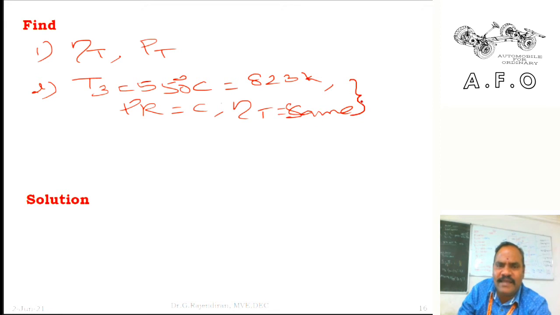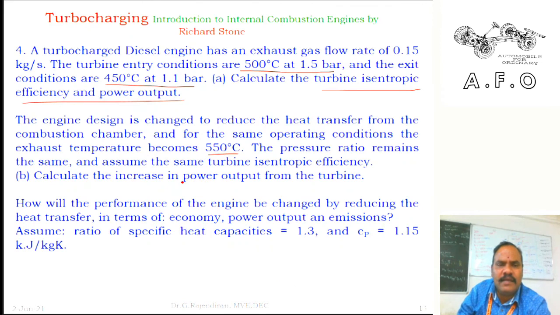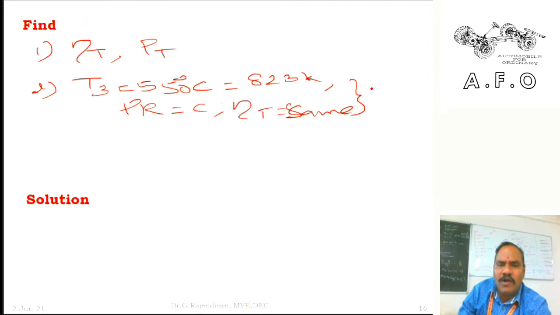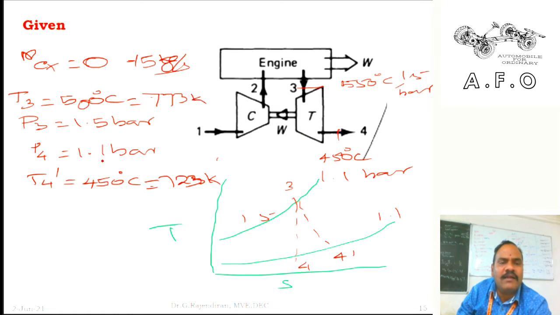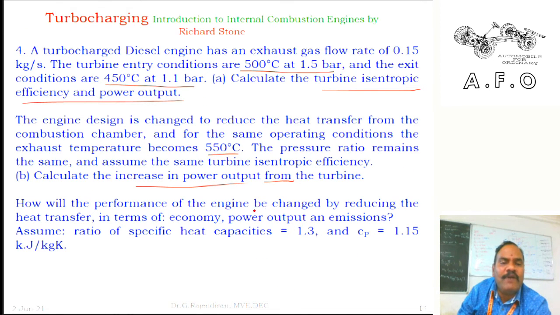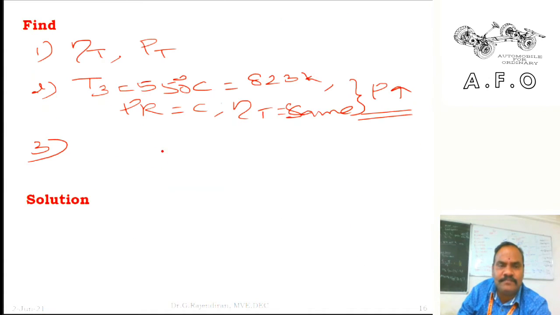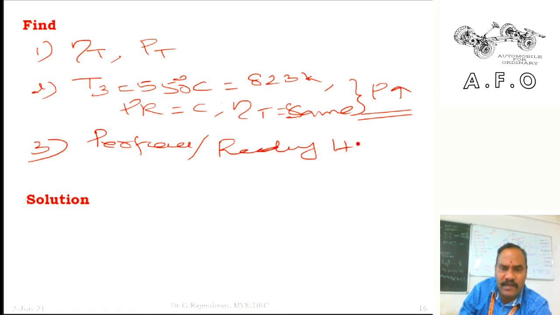So what are they asking? The increase of the power output of the turbine. How much is the power output increasing? Third, how will the performance of the engine change by reducing the heat transfer?